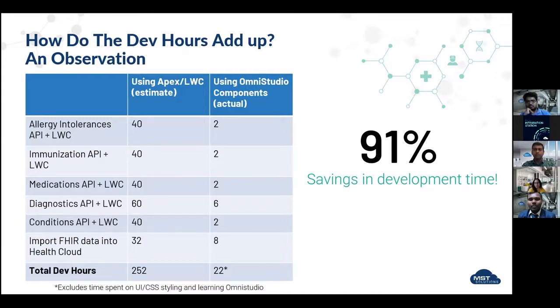Importing FHIR data from FHIR consumed only 8 hours of real actual time. So in total we designed this within the actual time of 22 hours, and it saved 91% of development time. It is one of the great achievements with the help of this Omni Studio Velocity. Thank you.